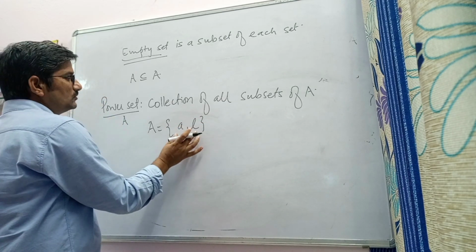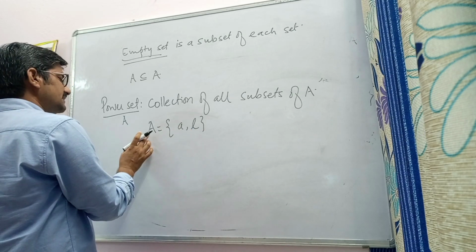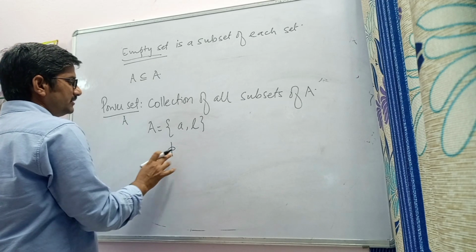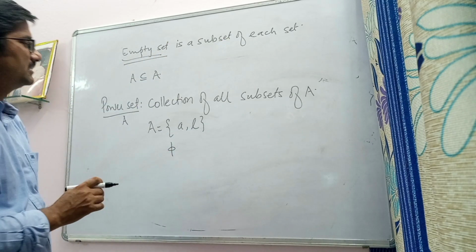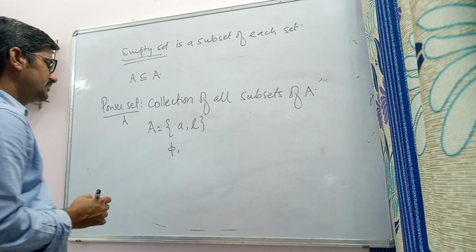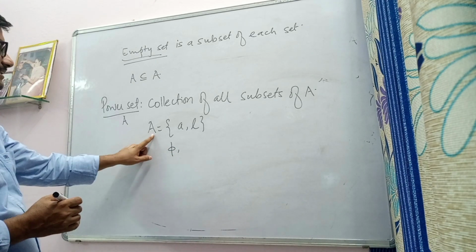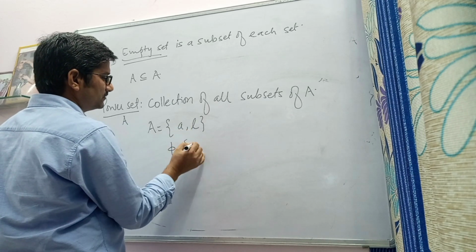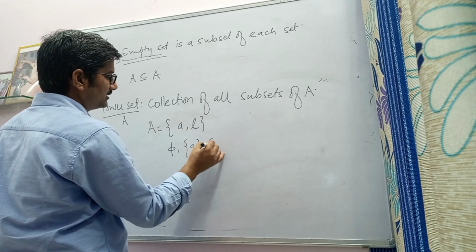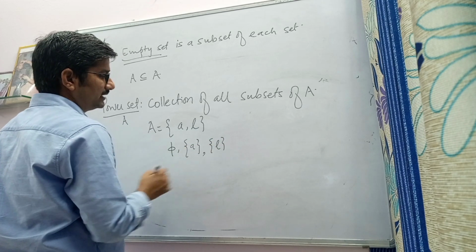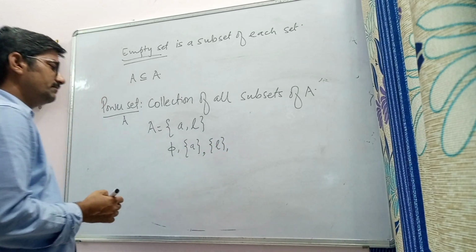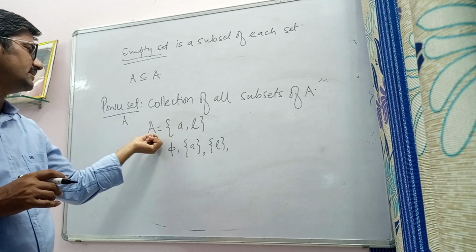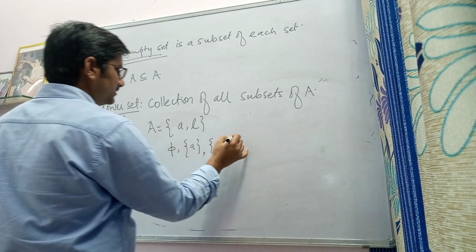So how many subsets of this set can there be? One is the empty set, because the empty set is a subset of each set. Then we can collect all the subsets of this set which have one element. So taking one element from these two, one subset is this, another subset is this, containing l only. Then we choose those subsets of the set A which contain two elements. So this is A itself.